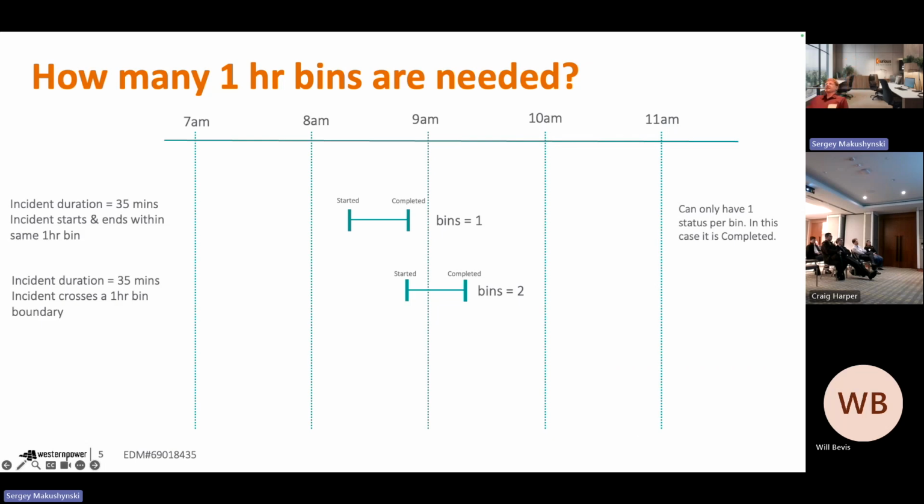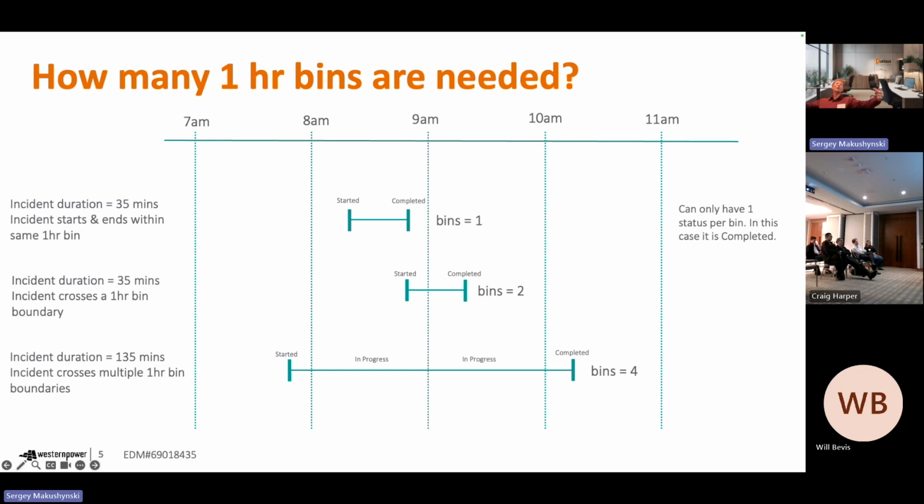But here's another incident. It's still 35 minutes long, but it spans the boundary. So it will have 2 records. One, it started in this 1 hour bucket, and it finished or completed in the other. So that will actually have 2 records.